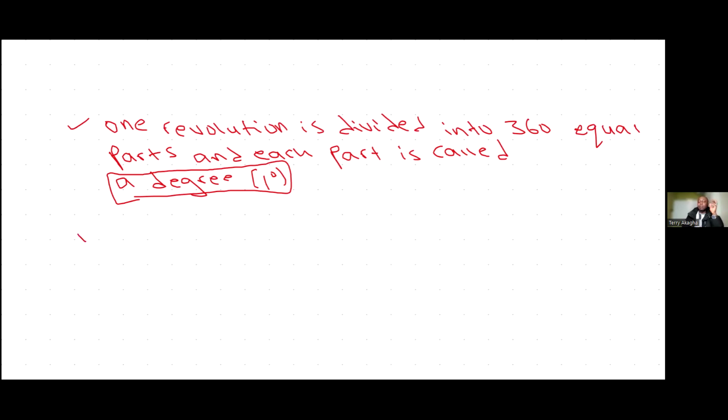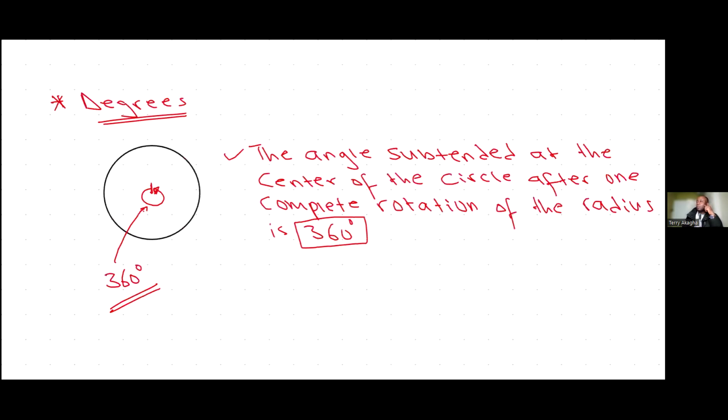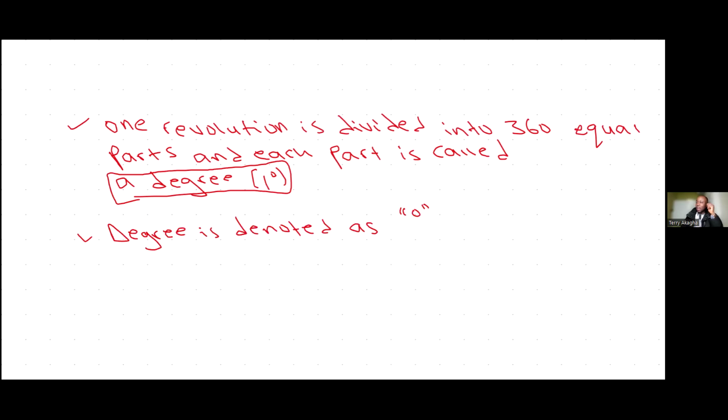And finally, degree is also denoted as deg, or with a circular symbol. Usually the most common one is just the circular symbol. So you see something like this, the circular symbol I gave at this point here, for 360 degrees, okay? So you can have the circular symbol, but it is not an SI unit.